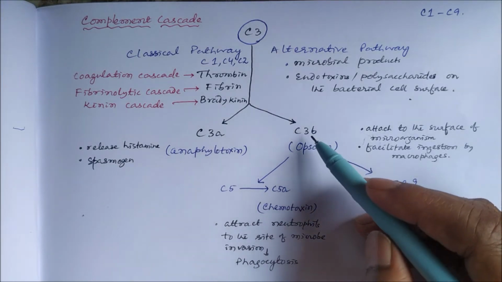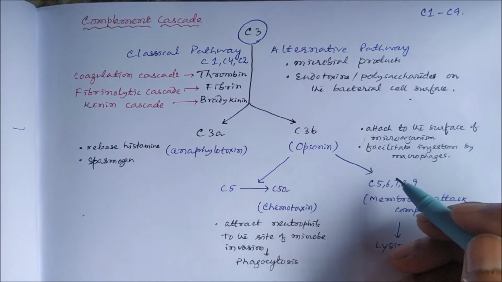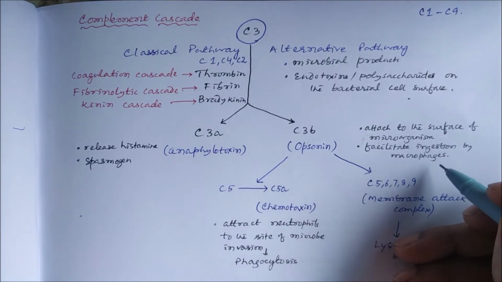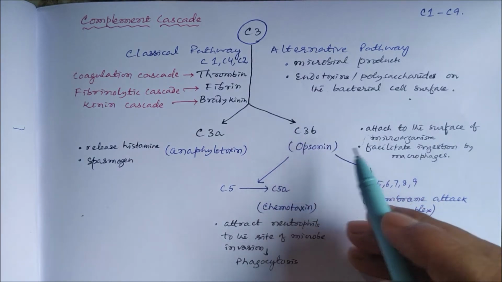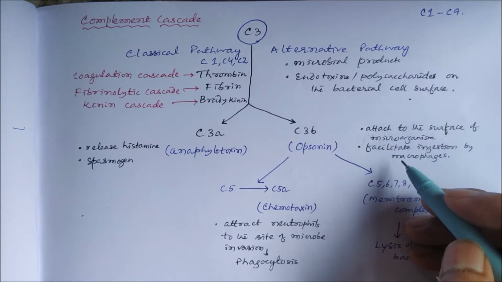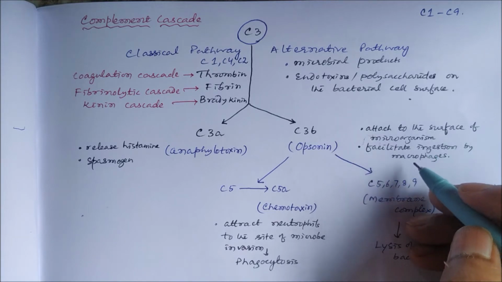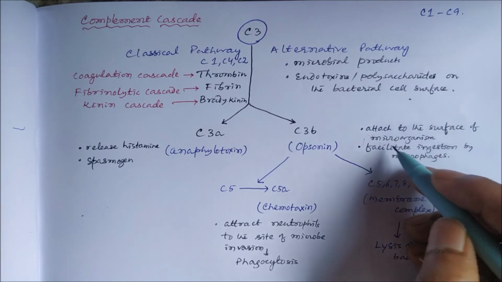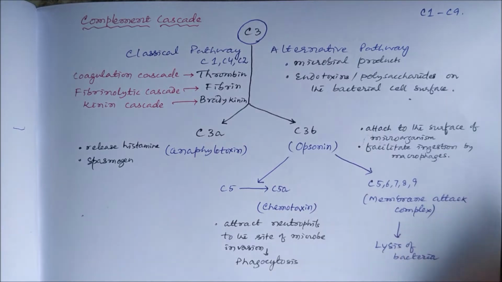Opsonin means it will attach to the surface of the microorganism and facilitate phagocytosis. It binds to the surface of the microorganism and helps the immune system by facilitating the ingestion of those microorganisms by the monocytes or macrophages.